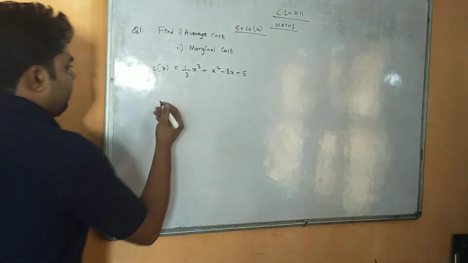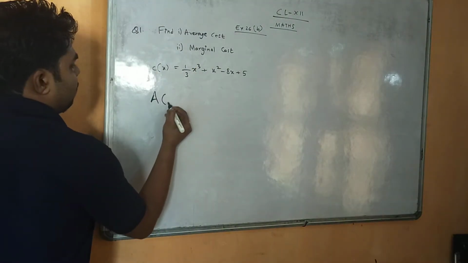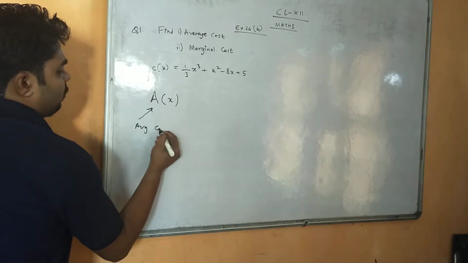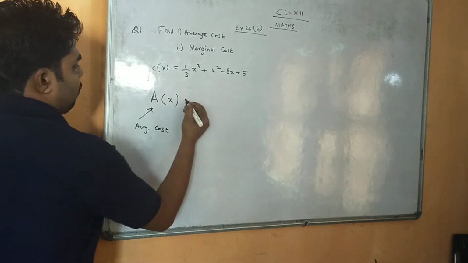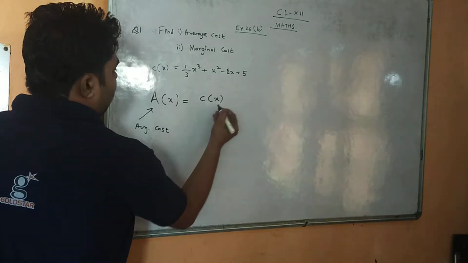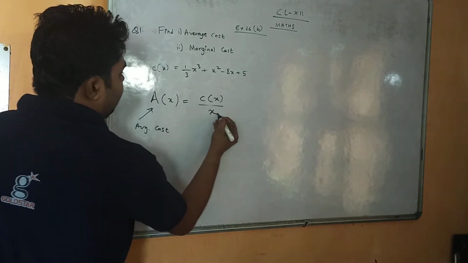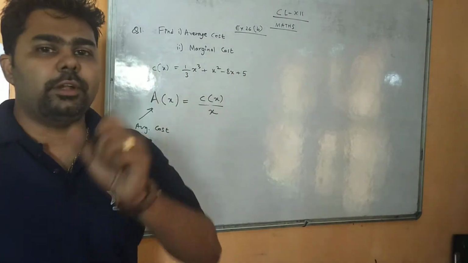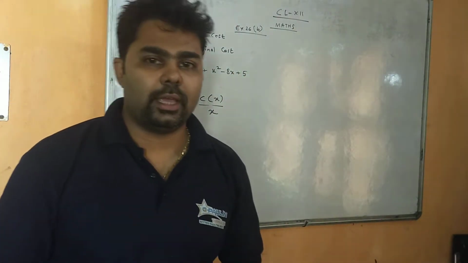So let's see first what is the formula. Average cost, denoted by AC, is given by the total cost function divided by the number of units. That means if you divide each and every term of the cost function by x, then you will get the average cost.